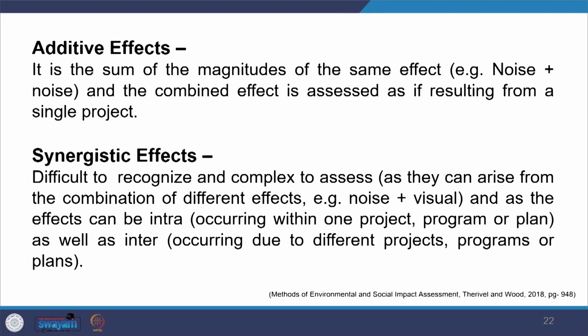What's the combined effect of that particular effect on the overall environment? That is what we mean when we say additive effect. So noise plus noise, the cumulative, resultant effect, would be called additive effects.